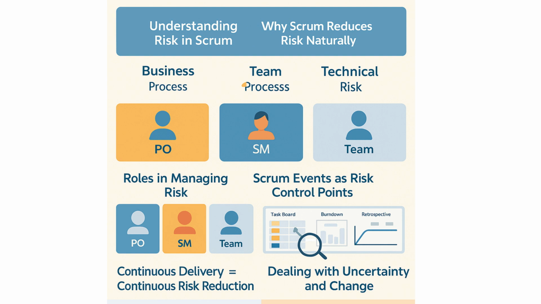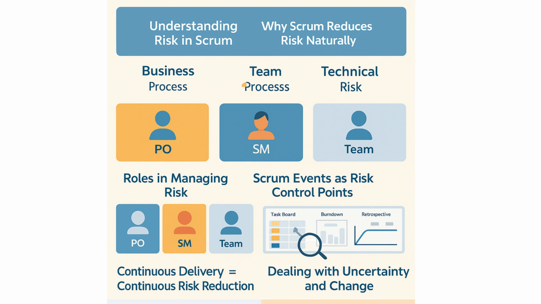Now let's discuss roles in managing risk. Each Scrum role plays a part in managing risk. The product owner manages business risk, making sure the team is always working on what brings the most value. By keeping the backlog prioritized, they reduce the risk of wasting time on low-value work.